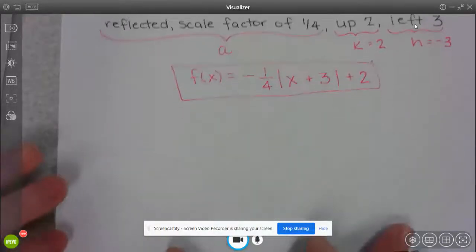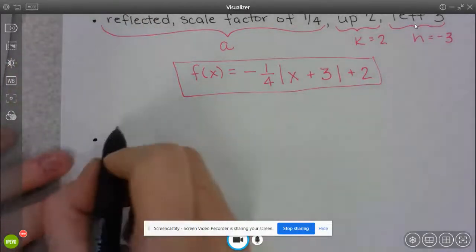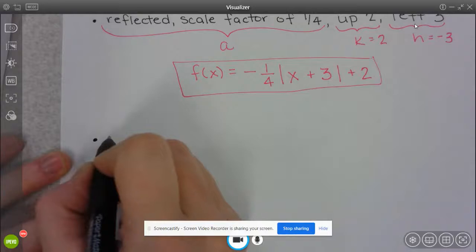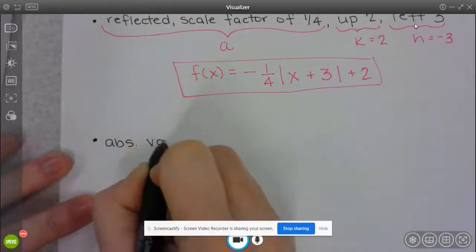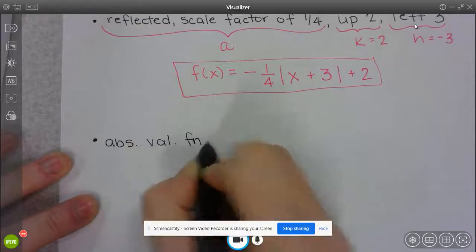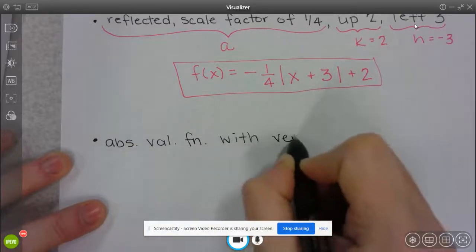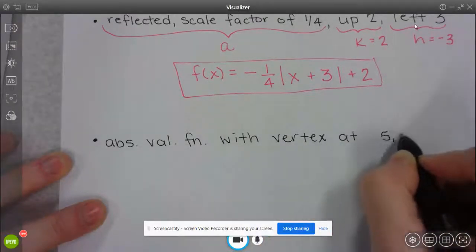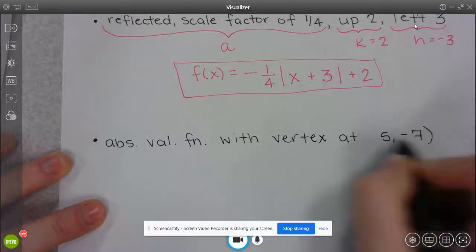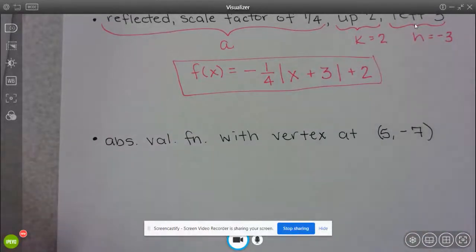They could also tell you to write an absolute value function with a vertex at 5, -7. Well, that tells me everything I need to know.